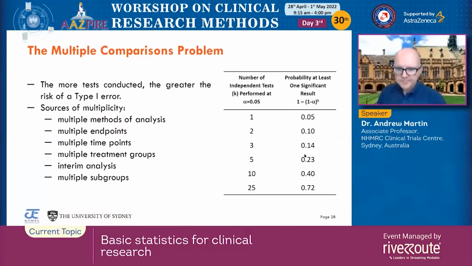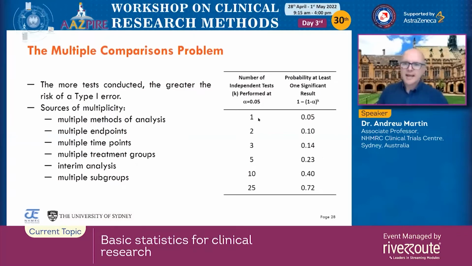And you can see that by the time you've got 5 p-values to interpret, you've got a fairly substantial probability that chance alone could make one of those 5 p-values appear less than 5%. So in that case, we've got an appreciable risk of declaring one of those analyses statistically significant, and that would be a type 1 error.